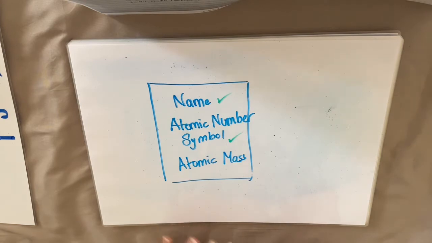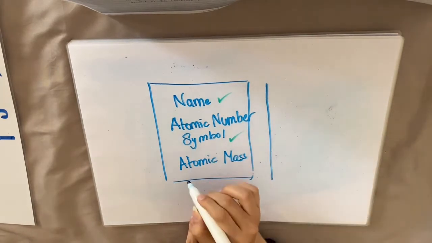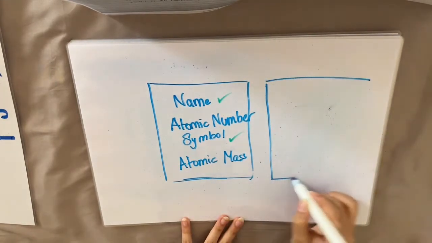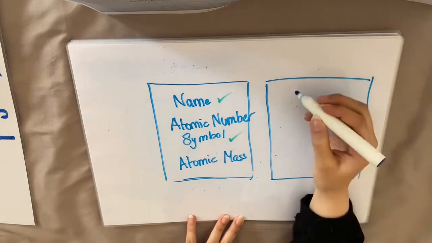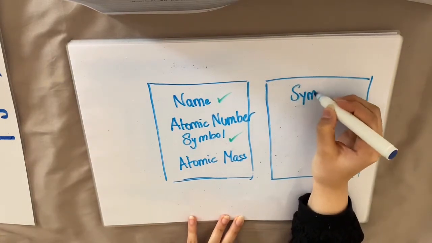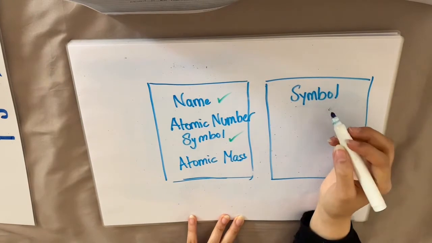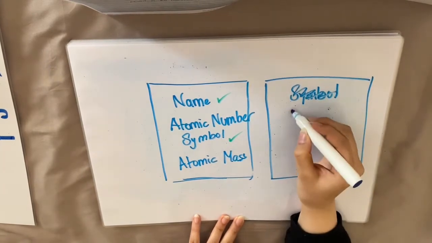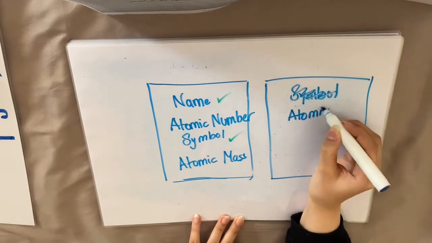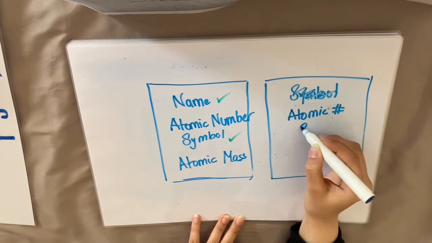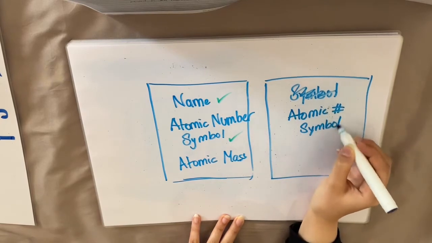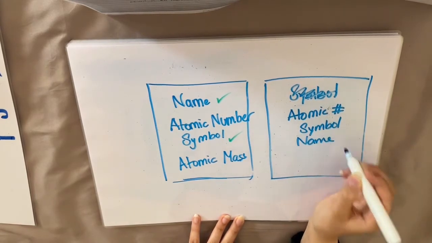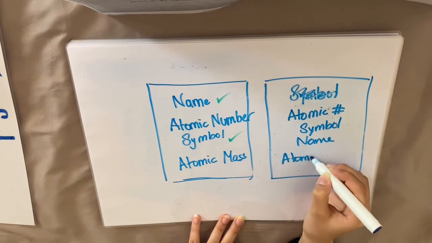Let's think of another arrangement in which some periodic tables are arranged. Some periodic tables are arranged this way, other periodic tables are arranged just this way. We have first the atomic number, and then symbol, name, and atomic mass.